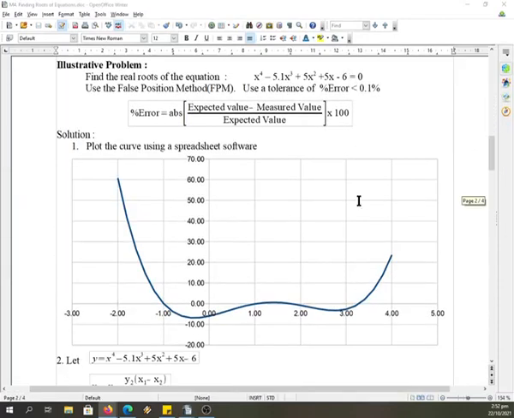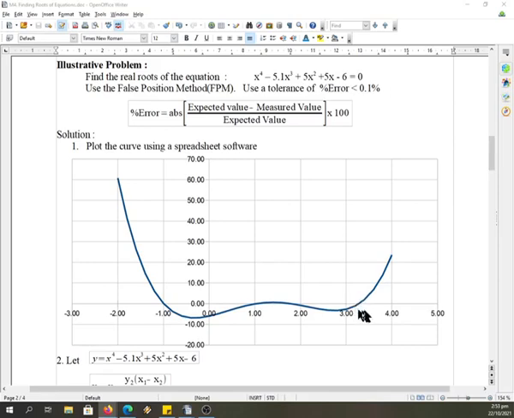Now, after plotting the curve, let us focus on this root. Again, I've said that the number of roots depends upon the degree of this algebraic equation. This is an algebraic equation. Then it seems that there are 4 roots.